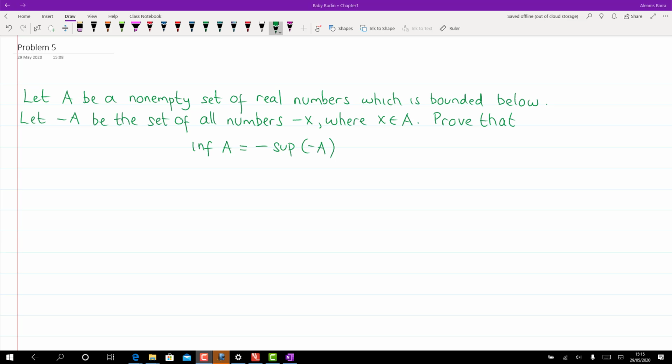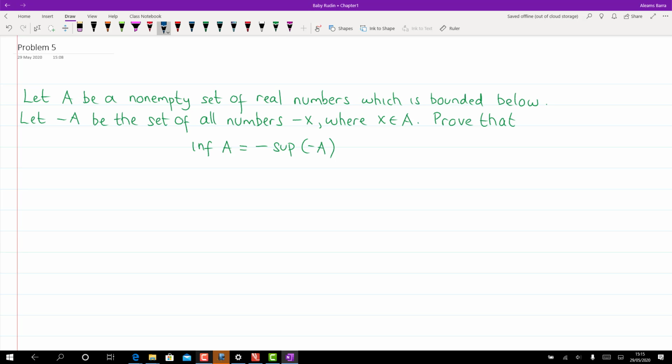Let minus A be, by definition, the set of all numbers minus x, so it consists of the negatives of all elements x in A. Prove that the infimum of A is equal to the minus of the supremum of minus A.